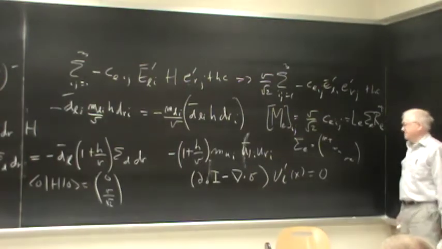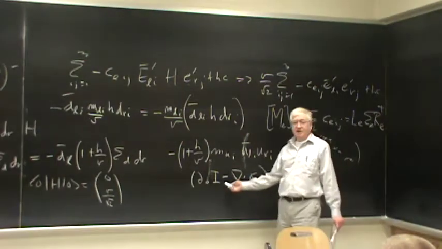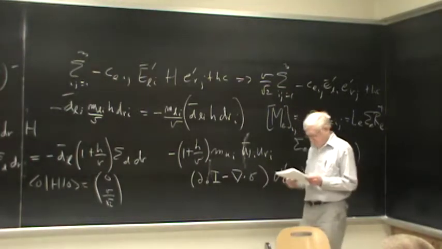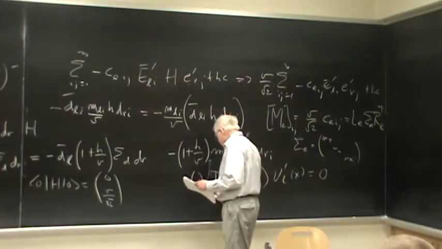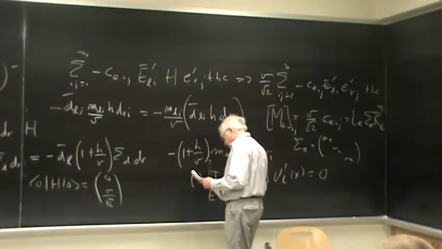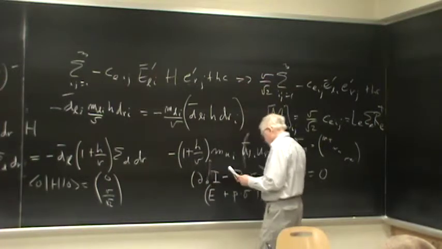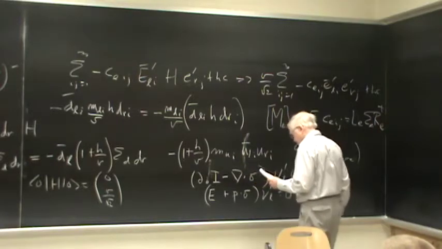So that's for a massless field, left-handed. If it were right-handed, it would be a plus here. And in momentum space, this is E plus p dot sigma u prime L is 0.